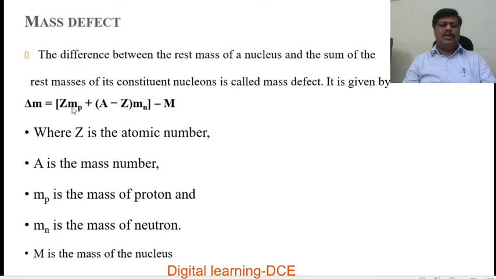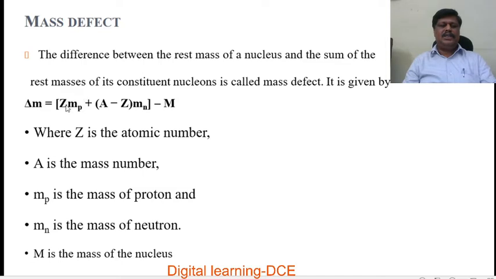So total mass of the protons plus total mass of the neutrons gives the total mass of both protons and neutrons, minus the mass of the stable nucleus gives the mass defect.